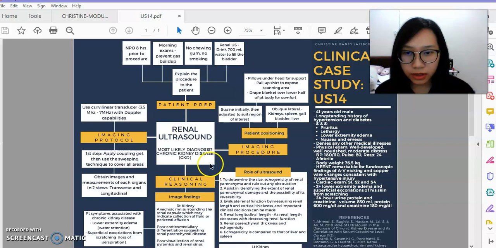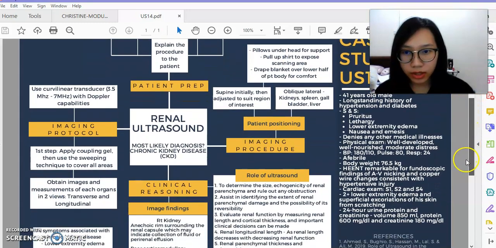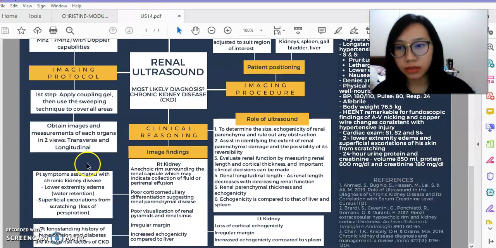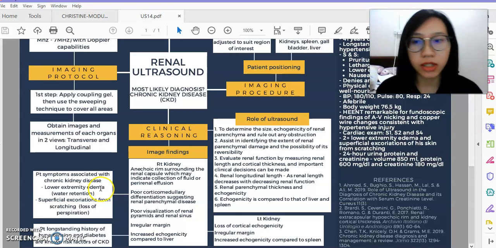As for the clinical reasoning, why is the most likely diagnosis chronic kidney disease? Because when we look at the patient's symptoms, they are mostly associated with CKD. For example, the lower extremity edema. This patient has lower extremity edema.